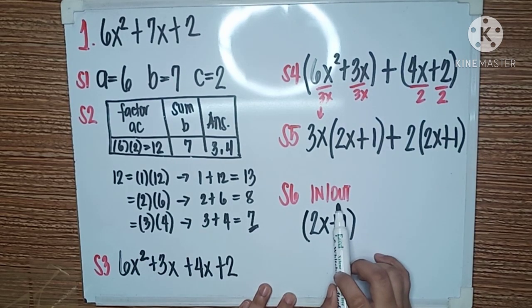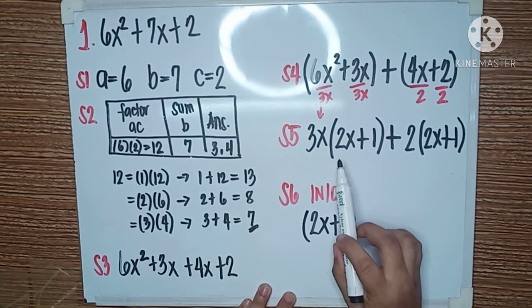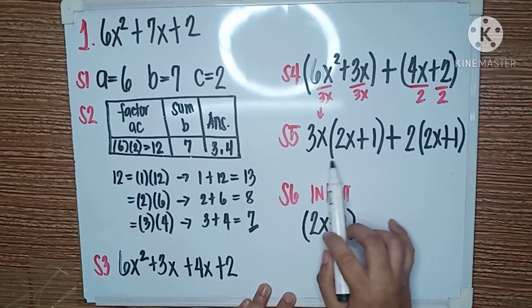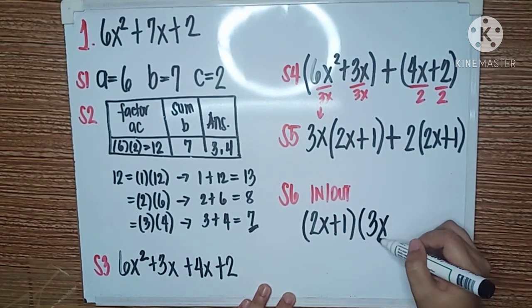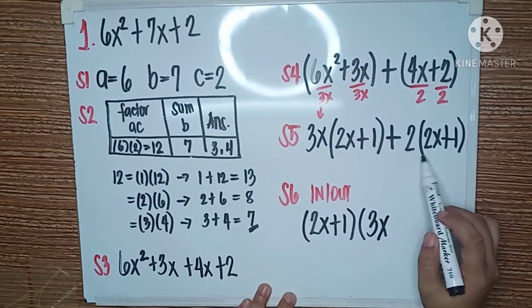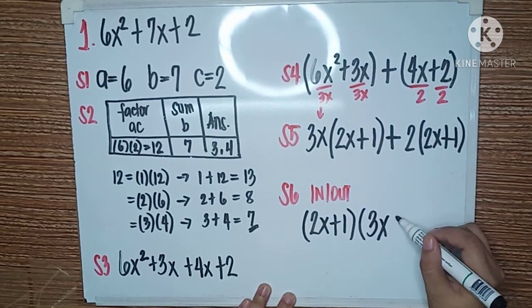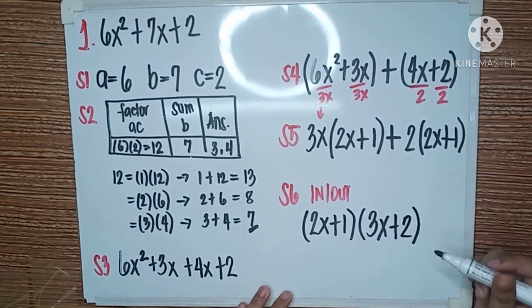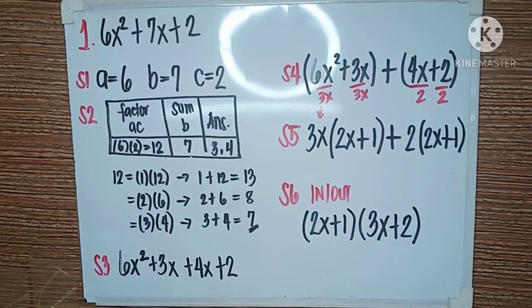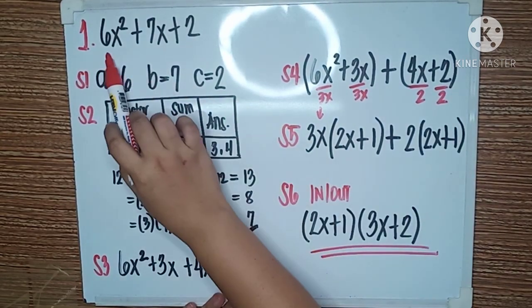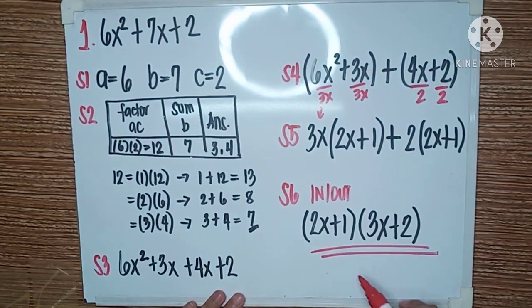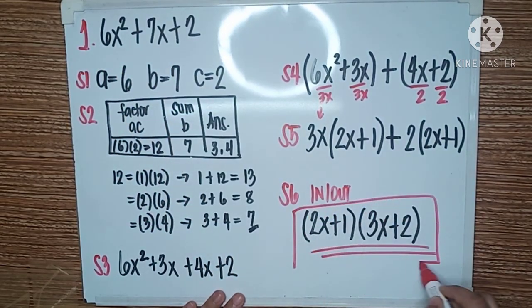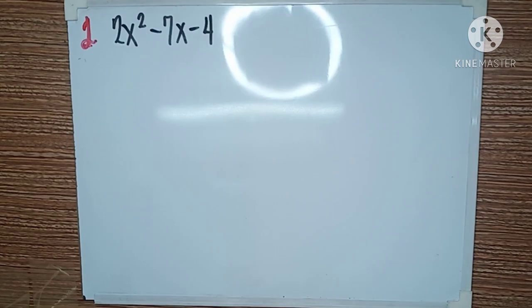And then out meaning outside of the parentheses. For the first term, ang nasa labas ay si 3x. For the second term, ang nasa labas ay si 2. Kaya, plus 2. This is now the factored form of 6x squared plus 7x plus 2. And this is our final answer.